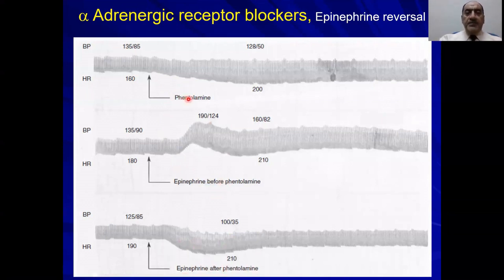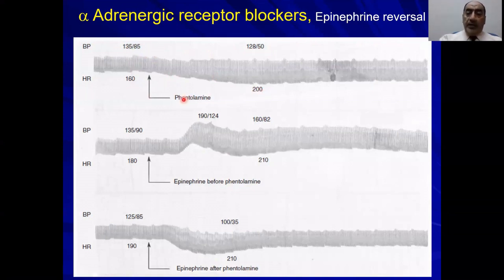So the first player is phentolamine. Phentolamine is an alpha blocker, okay? Before you use phentolamine, this is the blood pressure reading. You have to take first the baseline blood pressure and heart rate. And then look here, after phentolamine, the blood pressure decreases and heart rate increases, as we mentioned before.